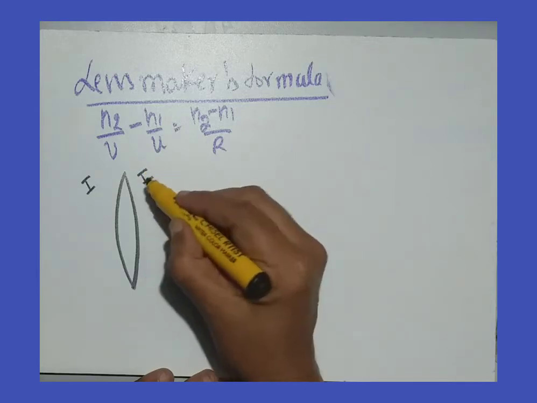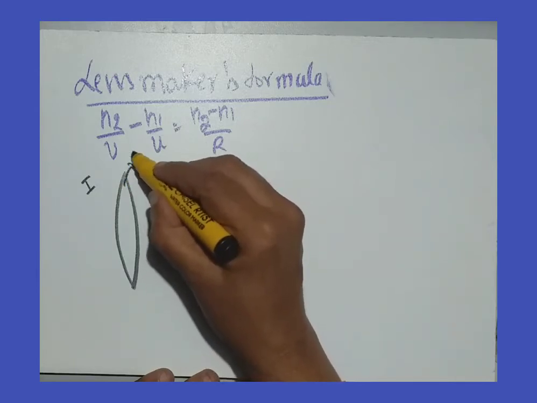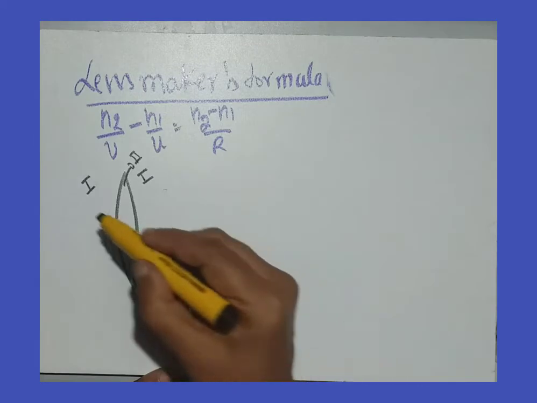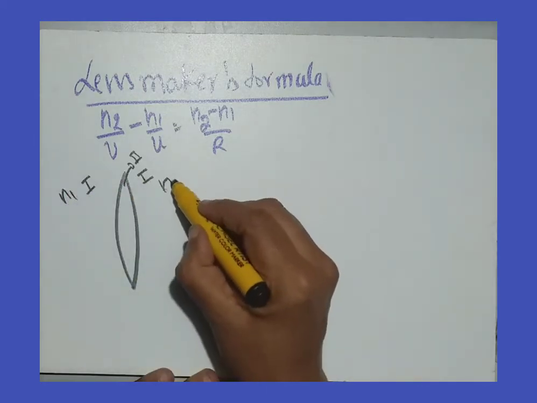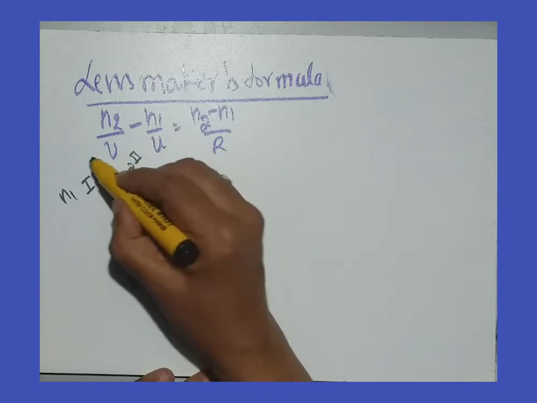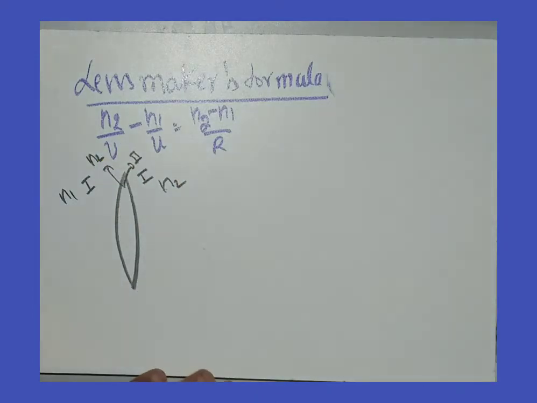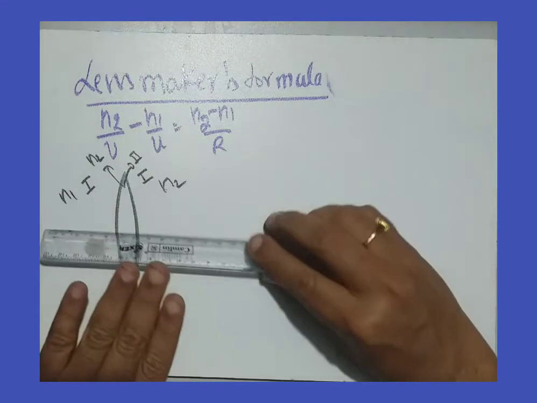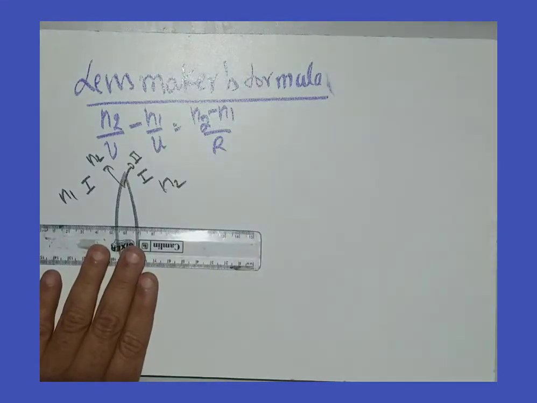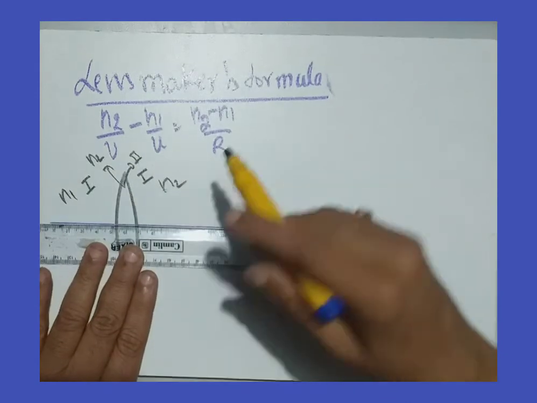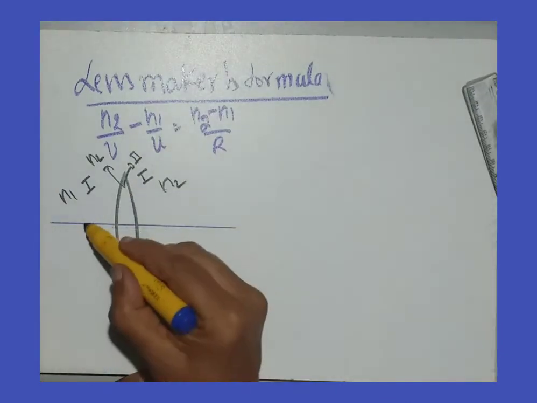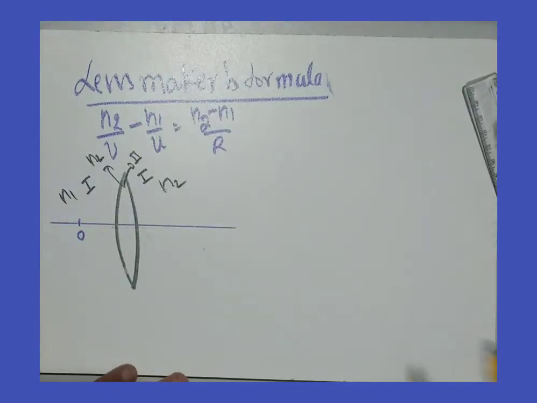So first and first, the lens medium I call as second medium, and surrounding medium refractive index is n1 on both sides. Lens medium refractive index is n2. Now we draw the principal axis there for the lens like this. Now we imagine there is a point object O.